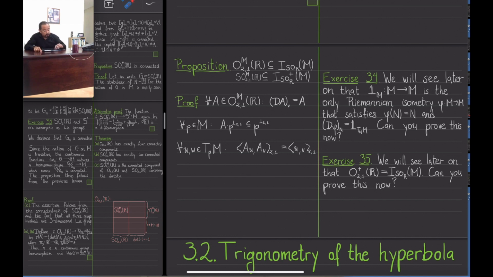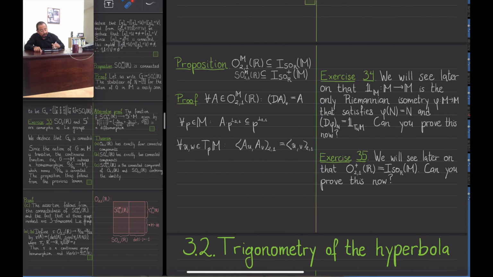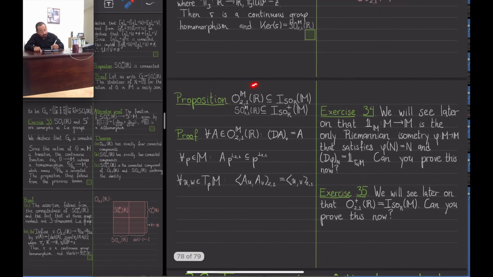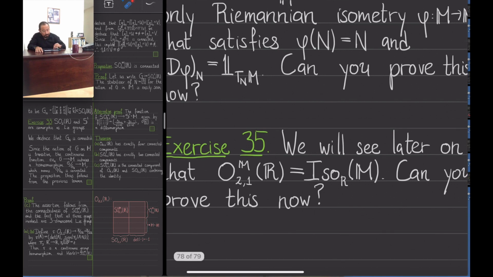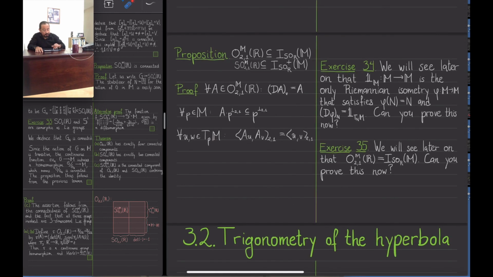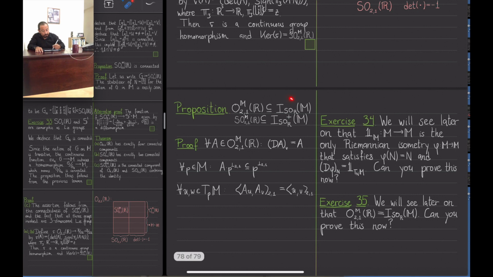Okay. Now, one would like here to have equality, right? I mean, it's a promised theorem that here we have equality, that both containments are equalities. Okay, so somehow, right now, an argument for that would be, for instance, take any isometry.